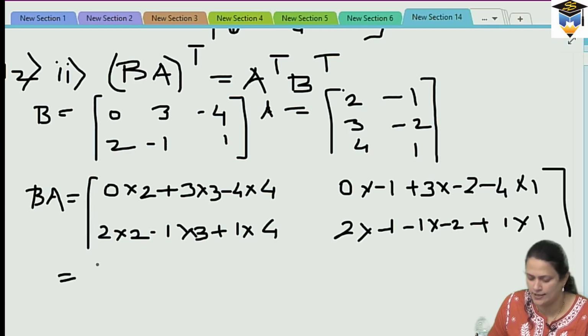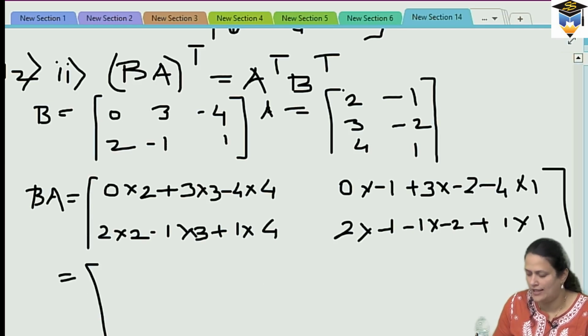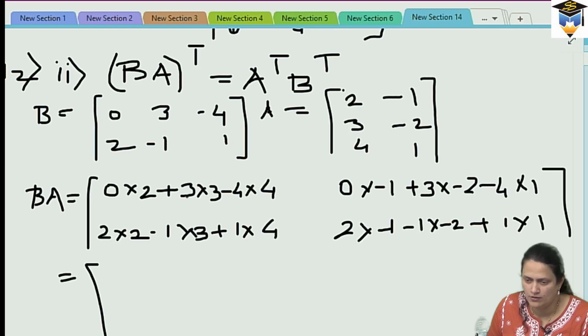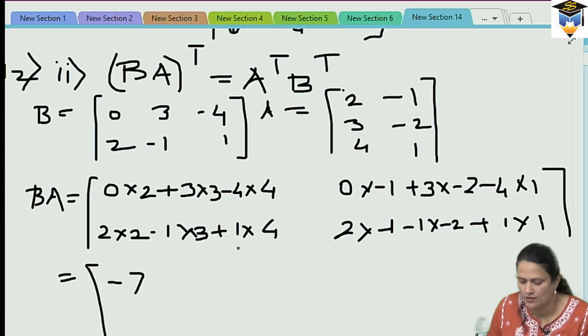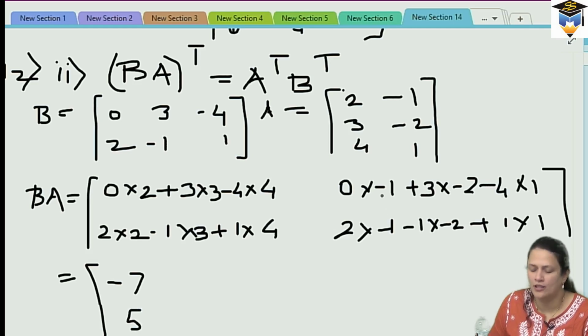So our answer is going to be, let us find out what BA is now. So this is 0, 9 minus 16. So this is going to be minus 7. 2 2s are 4. 4 minus 3 plus 4, that is 8 minus 3. So 8 minus 3 is nothing but 5. Here it is 0. 3 minus 2 is minus 6.